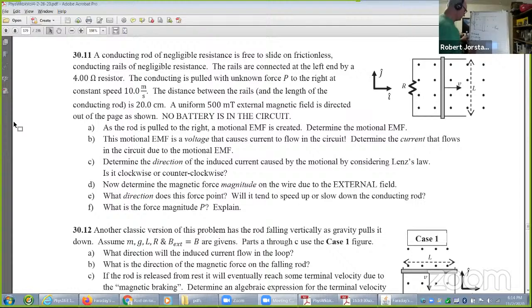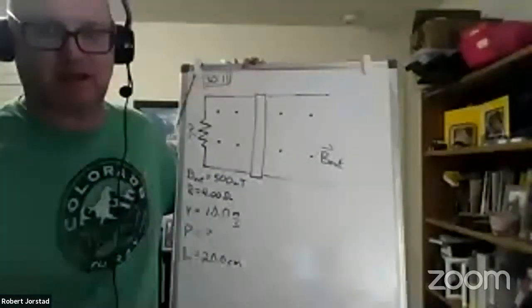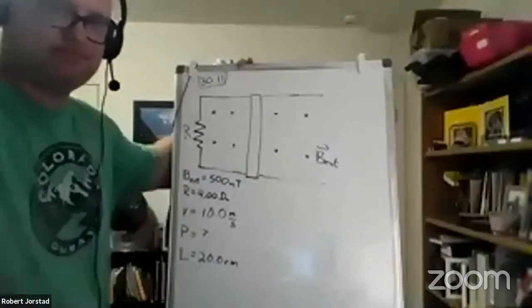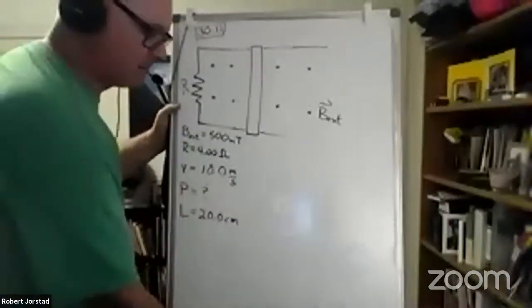And then B external has magnitude 500 millitesla. So that's actually a pretty big field. That's half a Tesla. Some MRI machines use that size field. So this is enormous. It's like 1,000 times the Earth's magnetic field. So that's huge. Okay. So I've got this problem here.